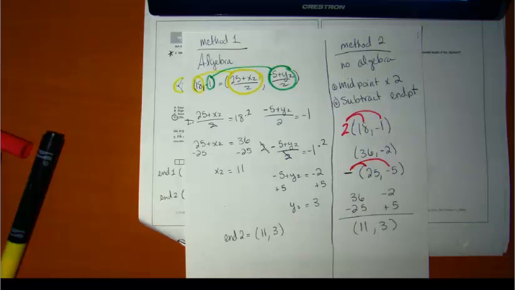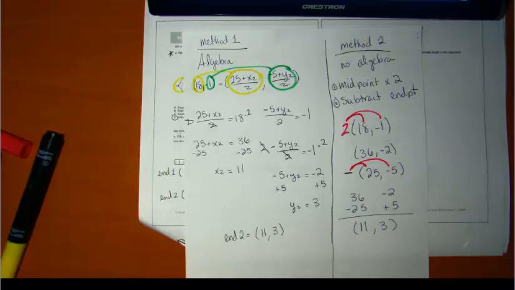Essentially, this method here is exactly the same steps as this method here, just done without algebra. Because if you look, I multiply by 2 and then I subtract. And then on the second part, I multiplied by 2 and then I added, but the only reason I added was because this is a negative, and if I subtract the negative, it ends up being added.